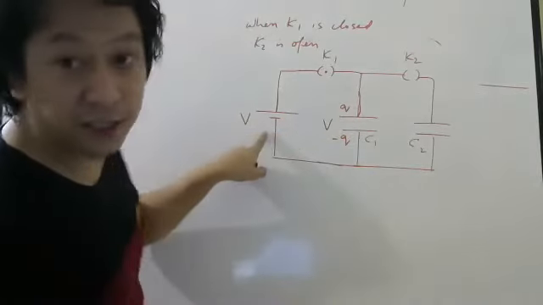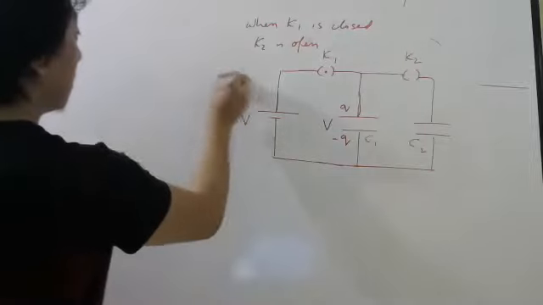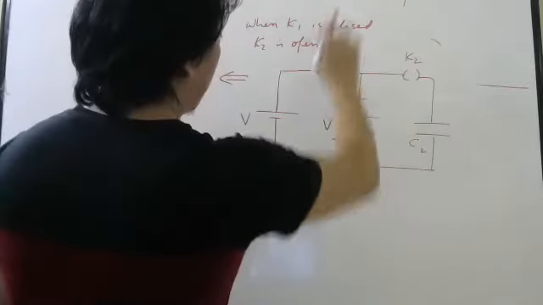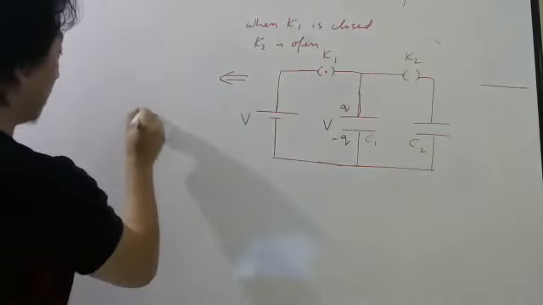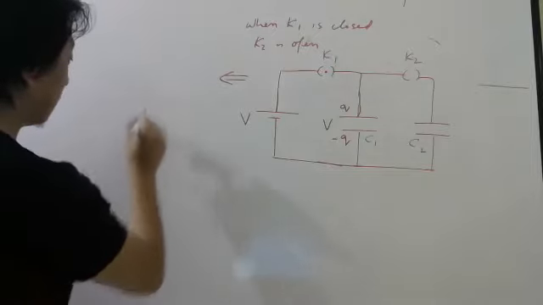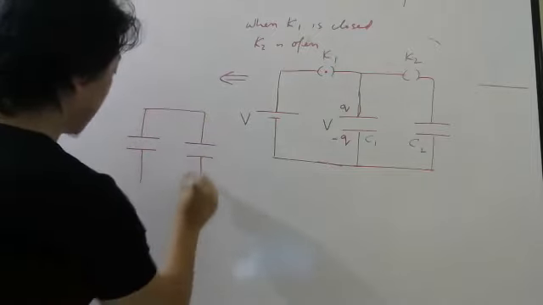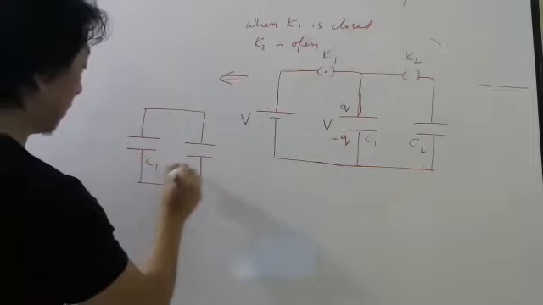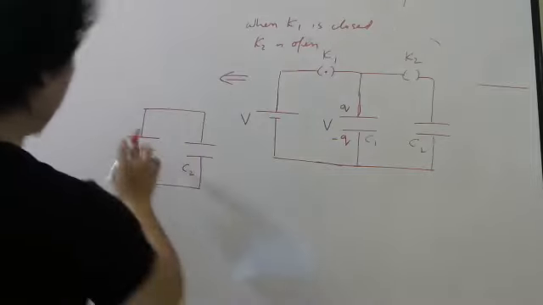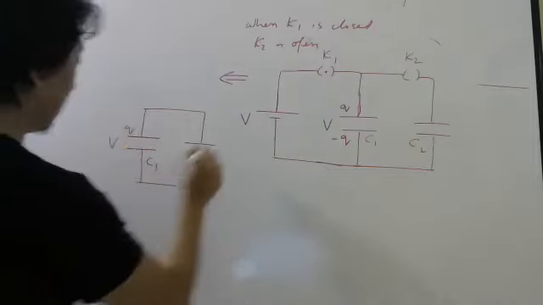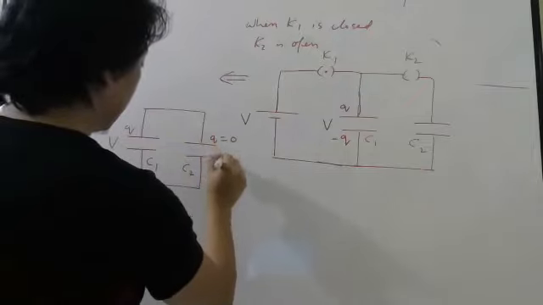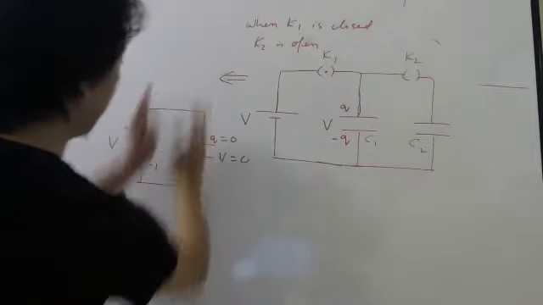Because the battery is connected. Now see, when this is open, the diagram will look like this. C1, C2. Yes or no? And right now this has some charge, this has voltage, this has zero charge, and this will have zero voltage right now, the moment you connect.